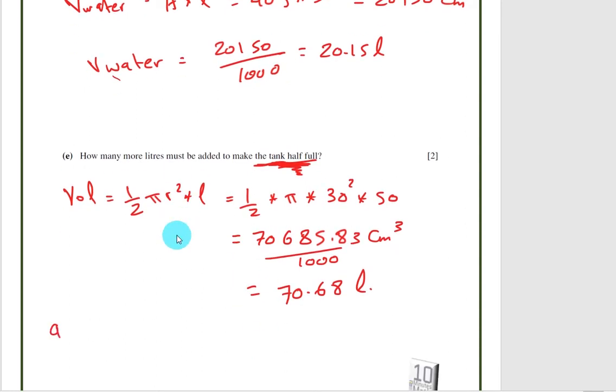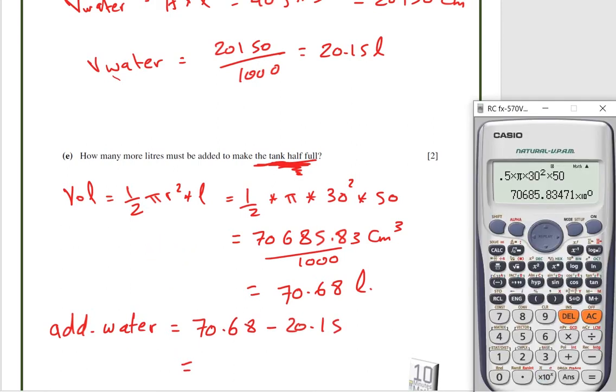The additional water is equal to 70.68 minus 20.15.